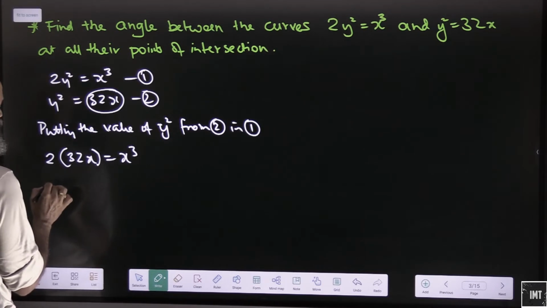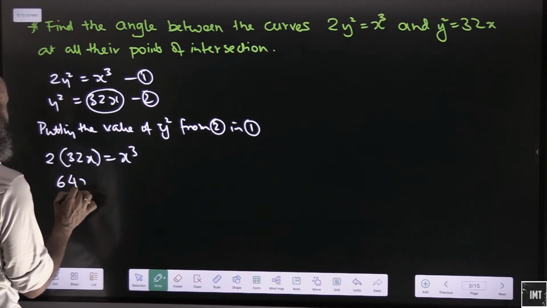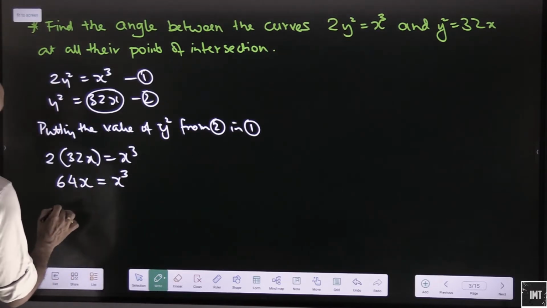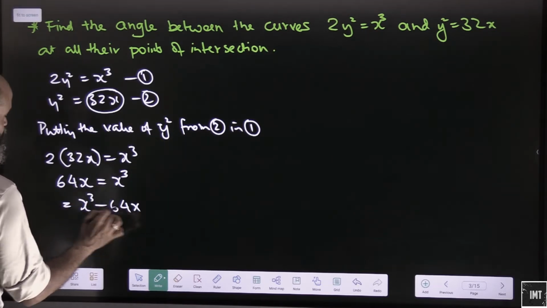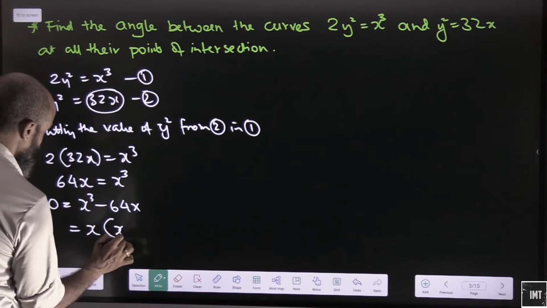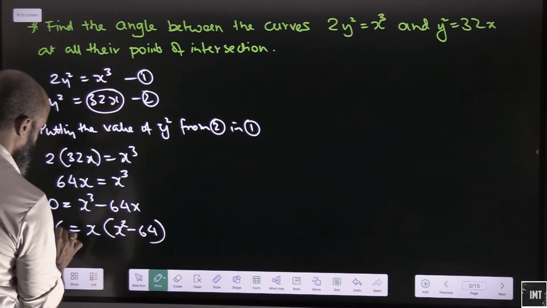So 64x is equal to x cube, which means x cube minus 64x is equal to 0. That is x into (x square minus 64) is equal to 0.